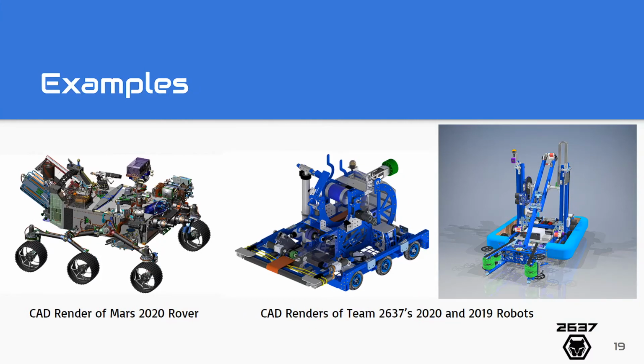So here are some examples of robots from different levels, right? On the very left, that's a CAD render of the Mars 2020 rover, that's launching on July 30th, I think, and it's going to take about seven to nine months, I think, to go to Mars. That's probably one of the highest level CADs that you'll ever see, right?